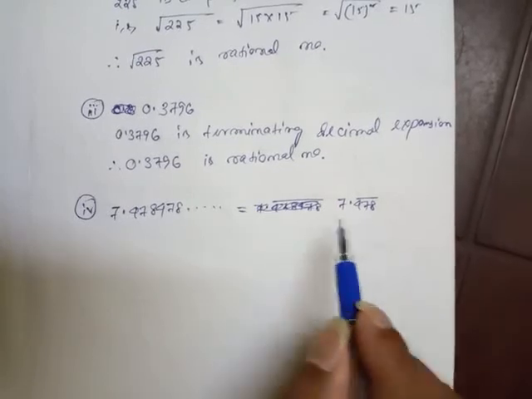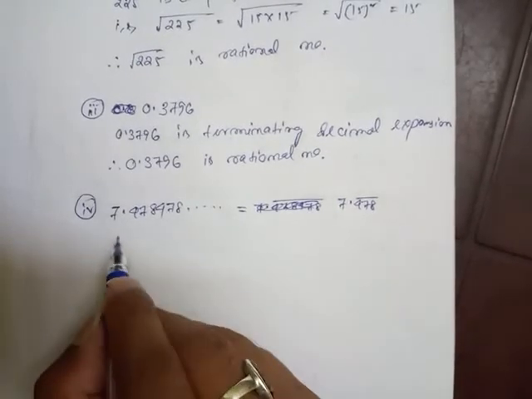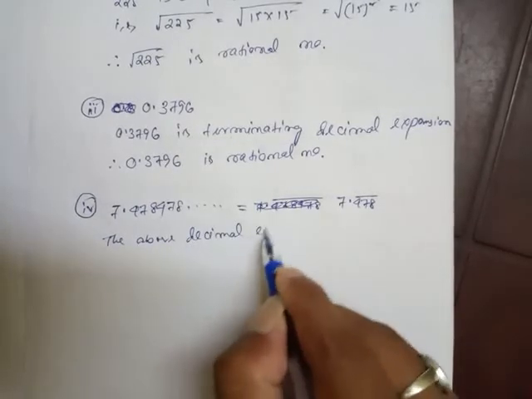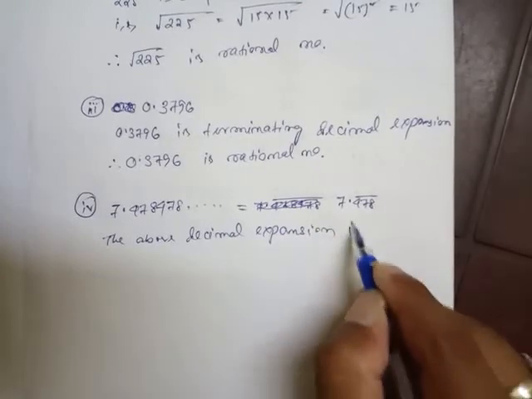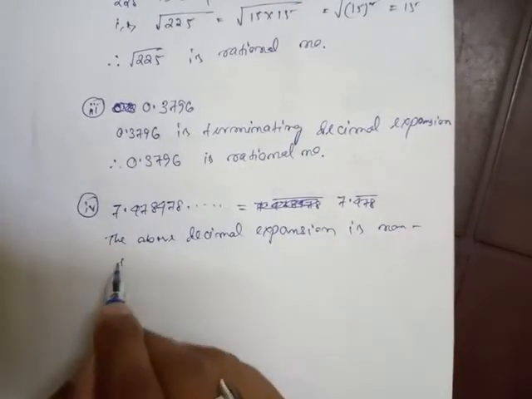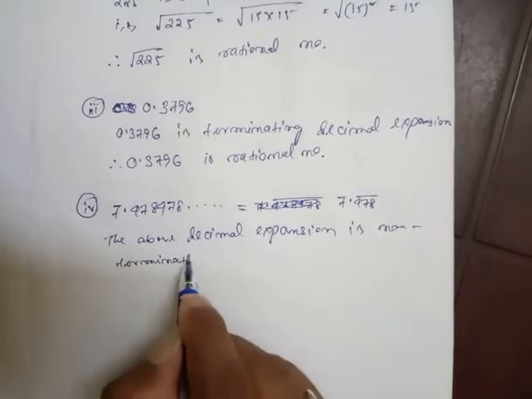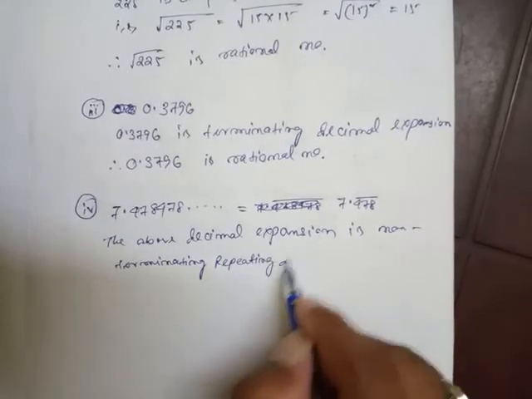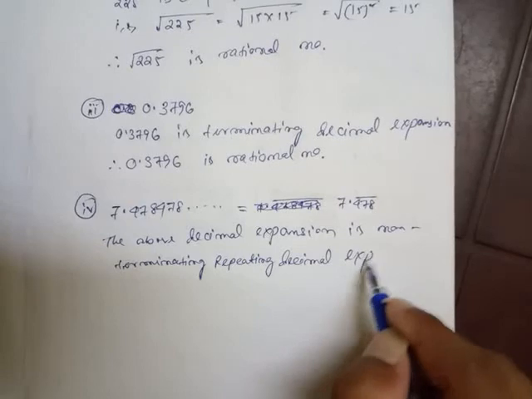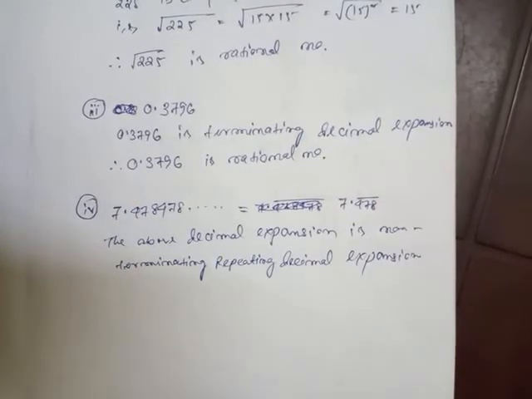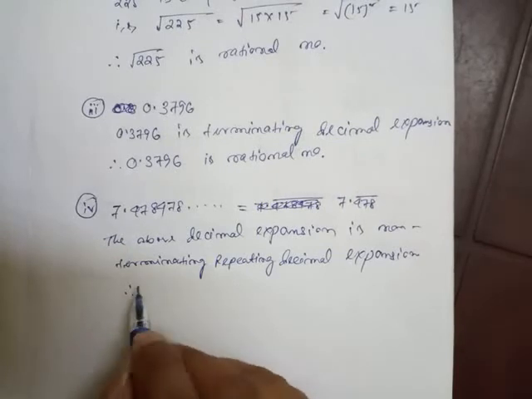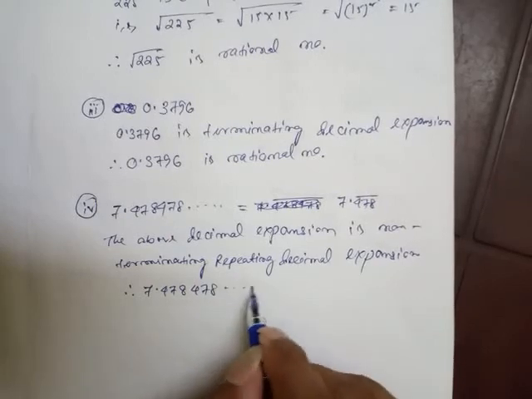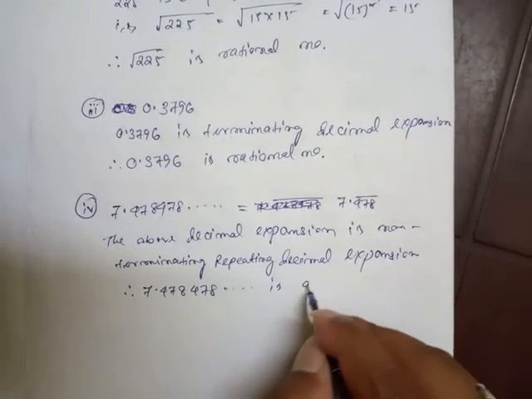Now this is non-terminating repeating, so we'll write here: the above decimal expansion is a non-terminating repeating decimal expansion. So we can say that 7.478478... is a rational number.